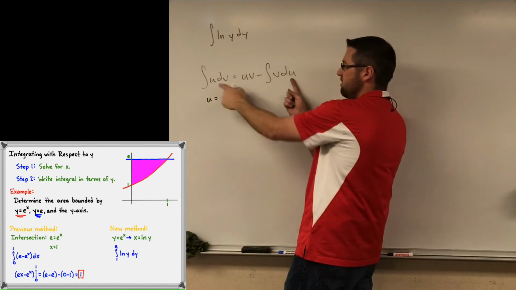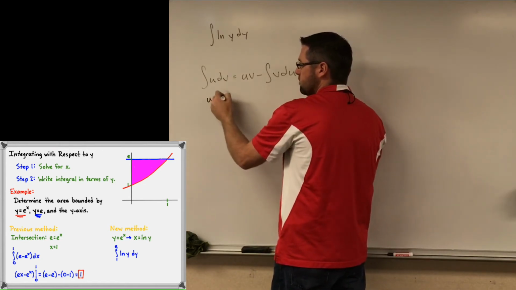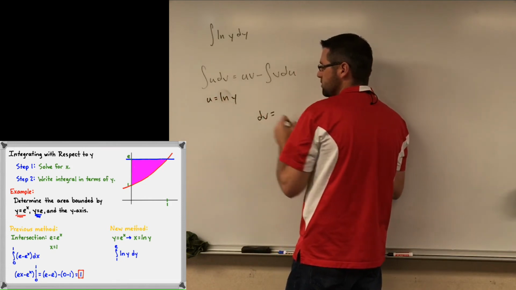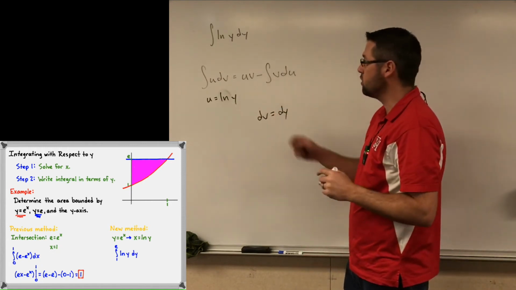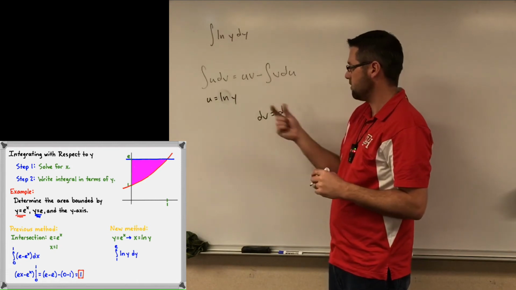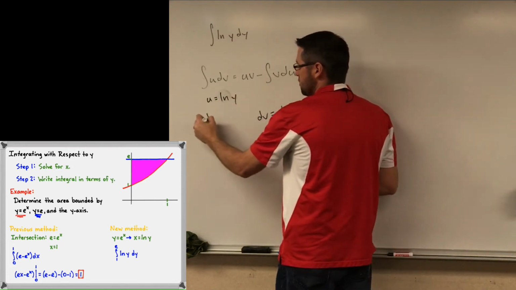Because I need to take the derivative of u. ln y. Therefore, dv is equal to dy. So do you agree that this is u dv? Okay. So now I've got to find du.